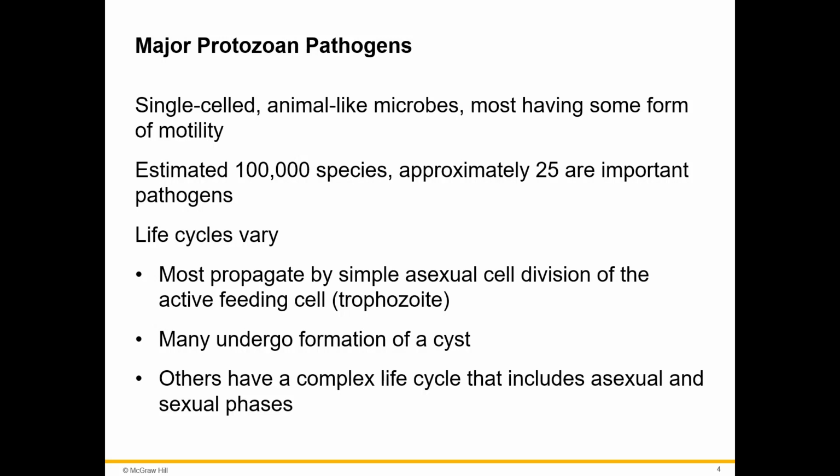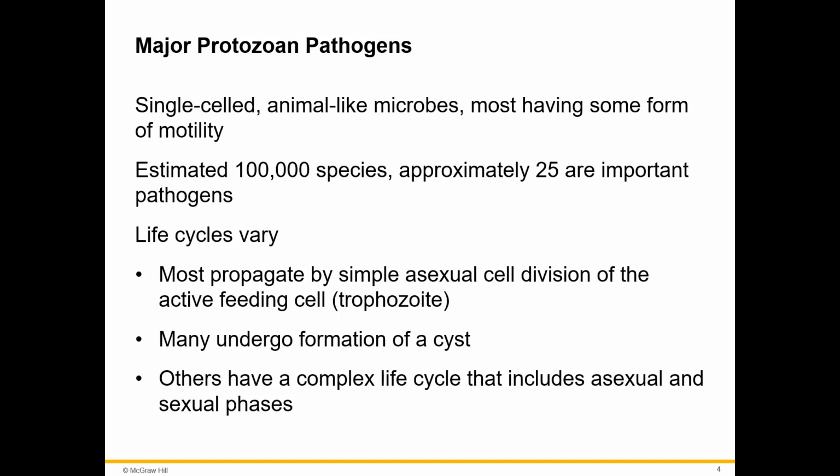There's an estimated 100,000 species, and of those, around 25 are important because they are pathogens. We have different types of life cycles among these protozoans, and they can vary. However, most propagate by simple asexual cell division from their active feeding cell.